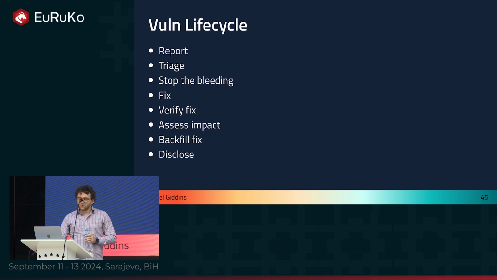Fix the source of the vulnerability, verify the fix. Very important to verify. It's really easy to think you've fixed a bug if you haven't actually tested it. We have to assess the impact, see if there were other things that happened we didn't know about, backfill the fix in old versions after we implemented it, and then finally disclose what happened, why, and what we're doing to make sure it doesn't happen again.